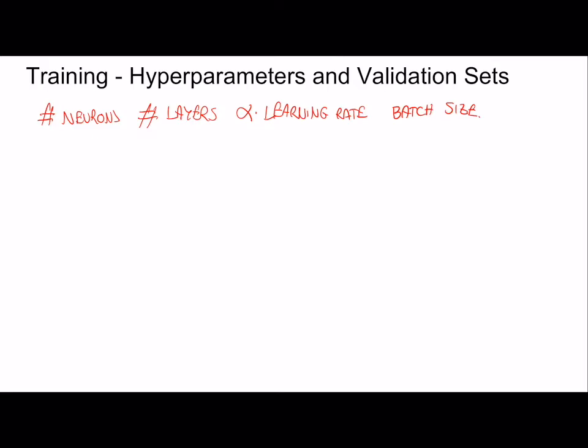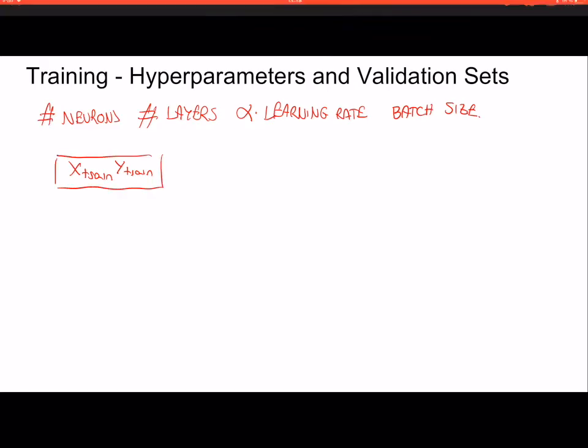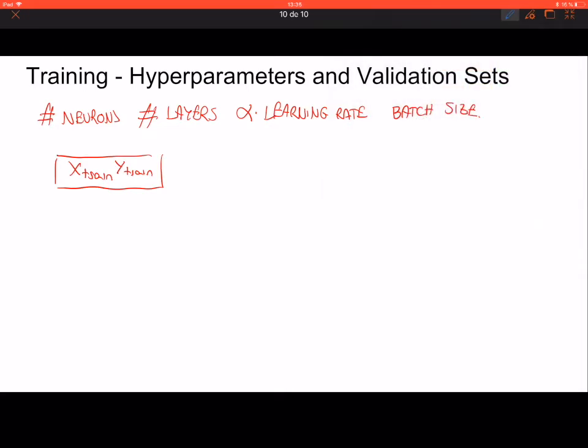So you could have your train set, X train, Y train, and then you could have your test set, X test, Y test, and then you could use the test set to choose the right hyperparameters, right?